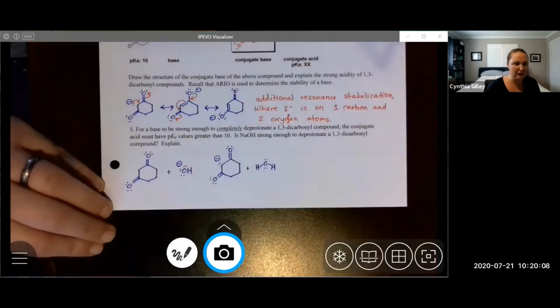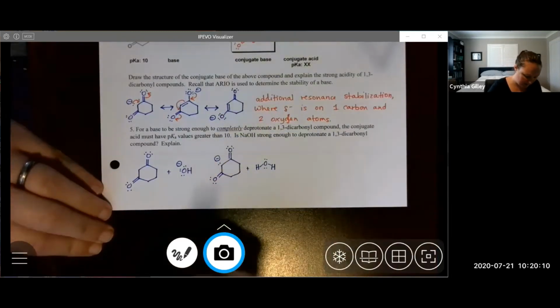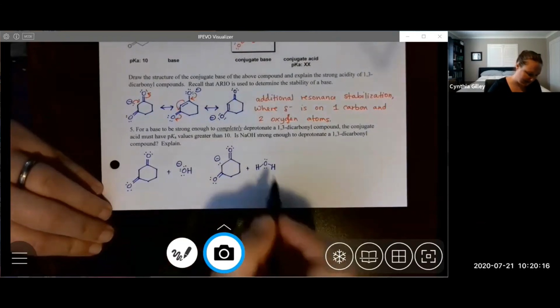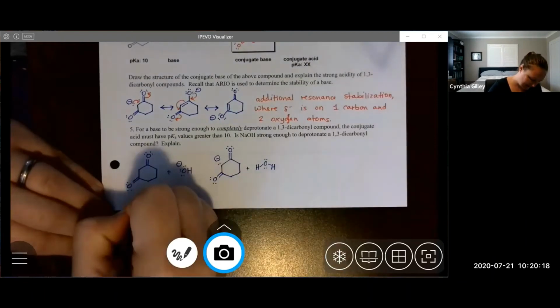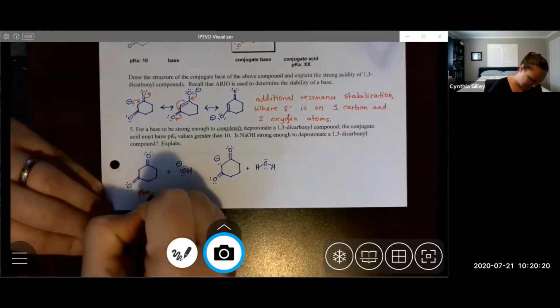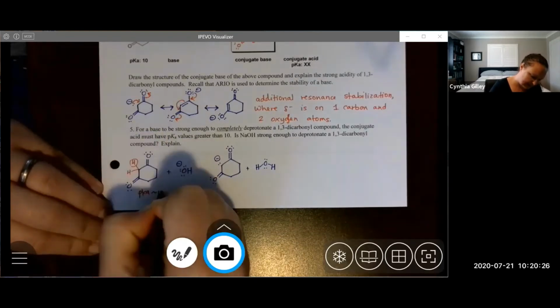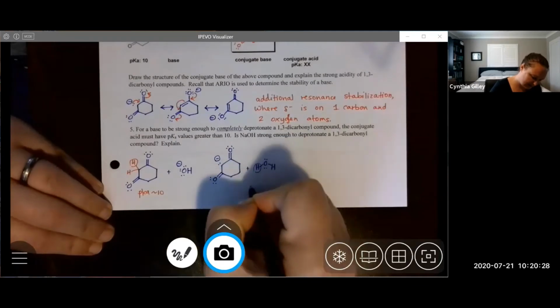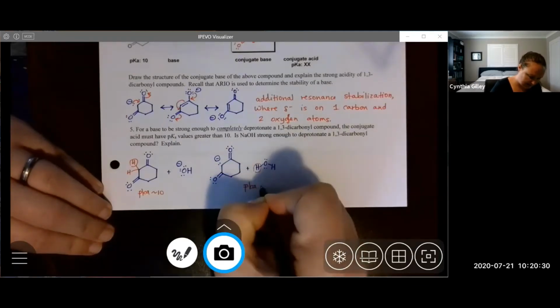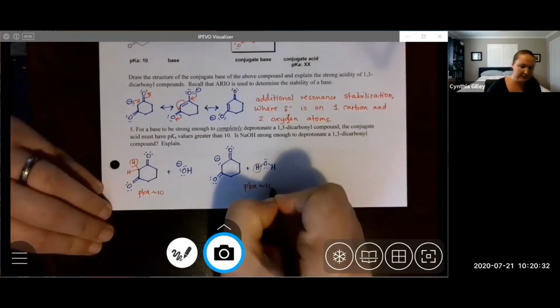Right? So when we are analyzing the equilibrium, we always compare the pKa of the acid and the conjugate acid, right? So the pKa of the acid, we said these protons here are about 10. And then water has a pKa of about 16.